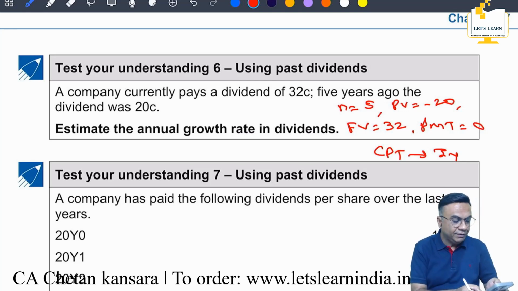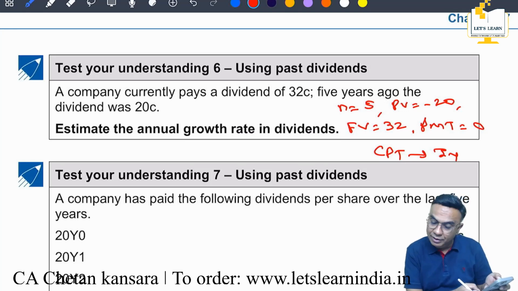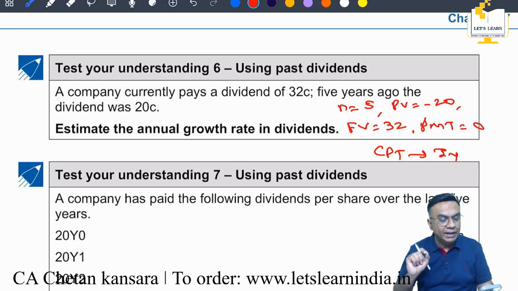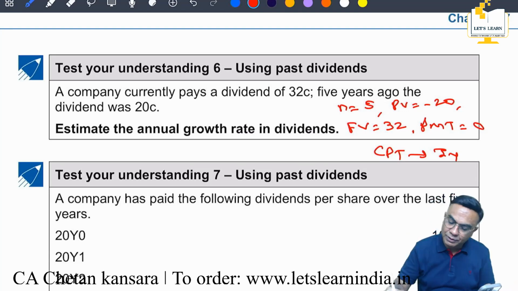So see what you are getting. You write 5 N, then 20 is your PV, but don't forget to put a negative sign. 32 is your FV. PMT, you keep it 0. Compute IY, that comes to 9.87% approx.